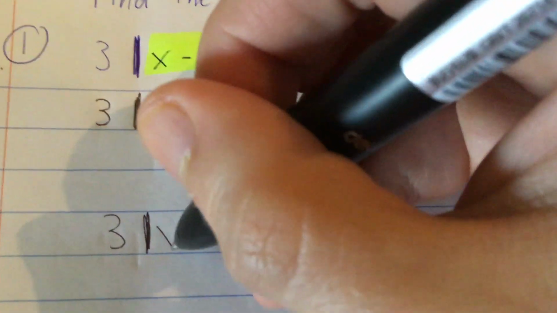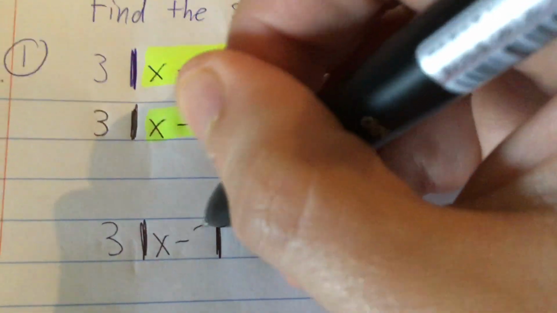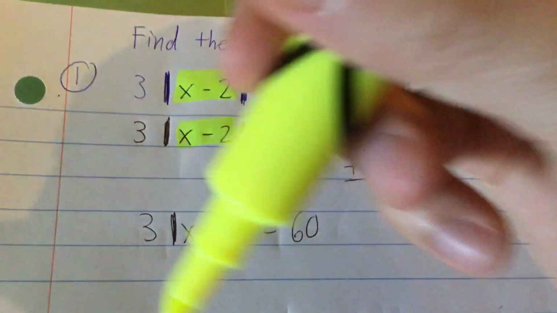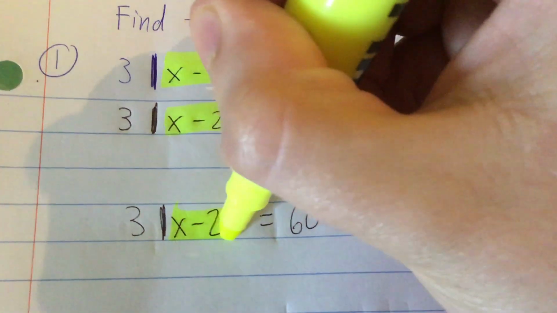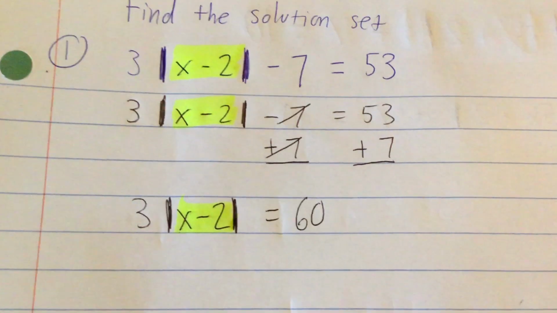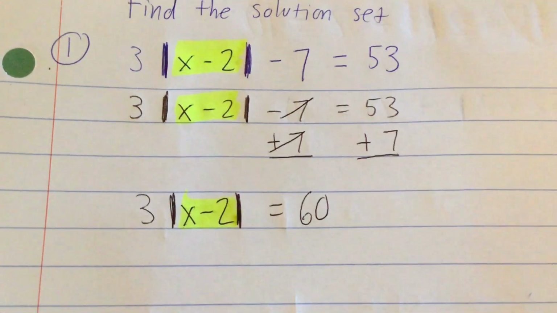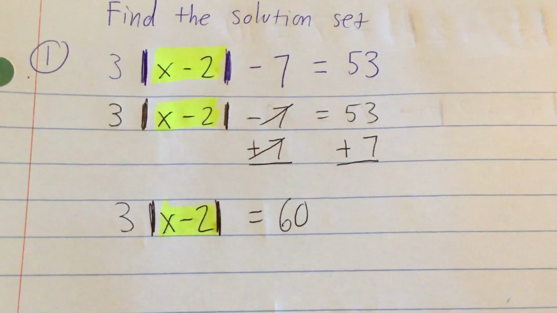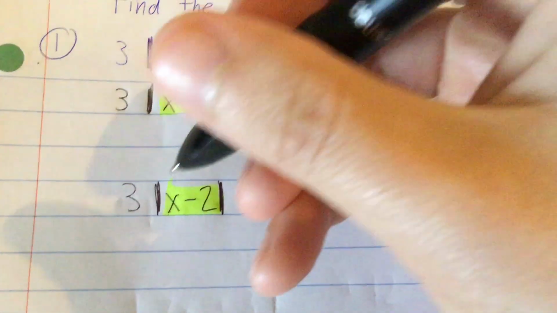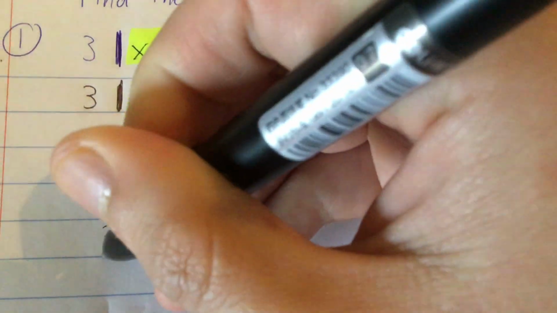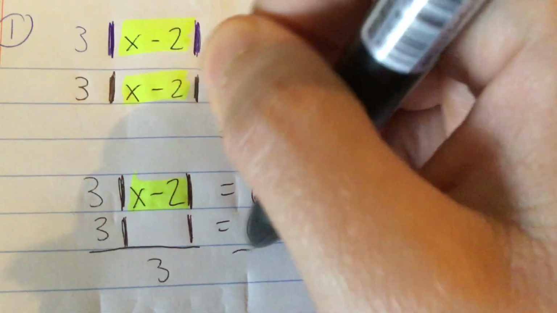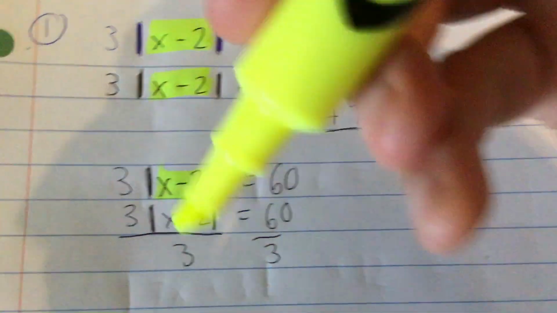So 3 times the absolute value of x minus 2, I'm going to put that in yellow. So now I've got 3 times yellow is equal to 60. How do I get yellow isolated? I'm going to divide both sides of the equation by 3. So remember, this is the absolute value of x minus 2.